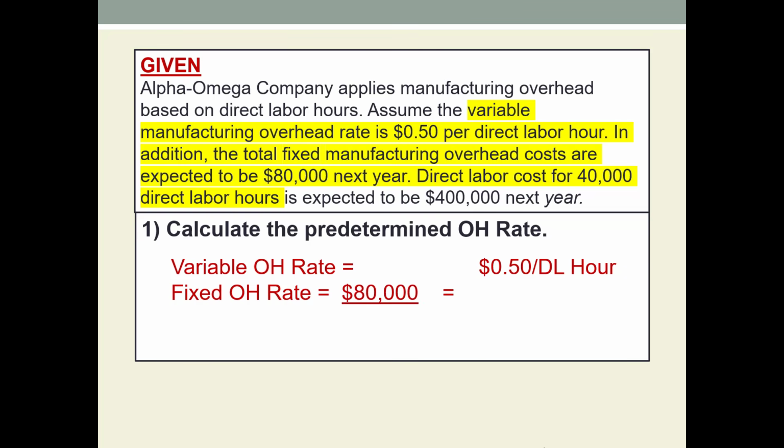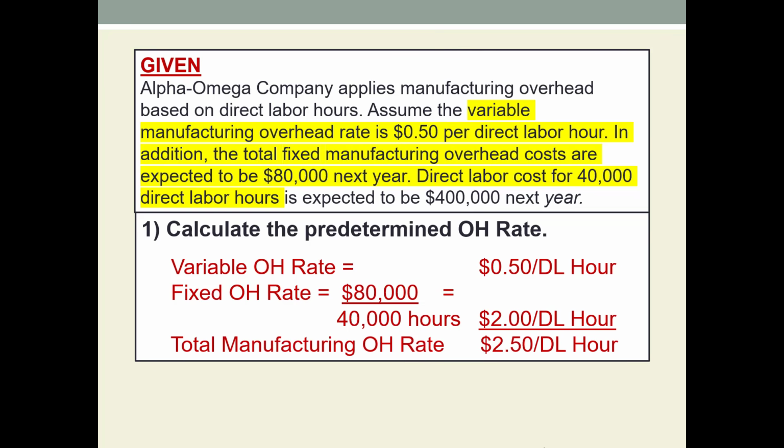We're told that they apply overhead based on labor hours, so we'll divide by 40,000 labor hours. Notice that we know that 400,000 labor dollars are expected, but the company does not apply overhead based on labor dollars. They apply based on labor hours.